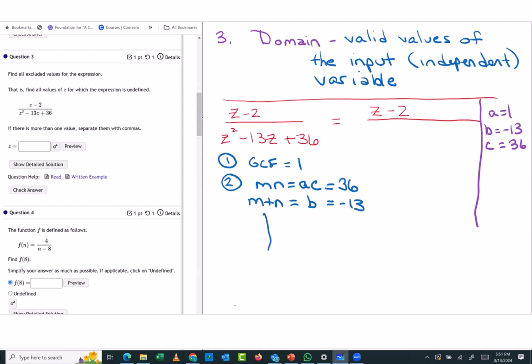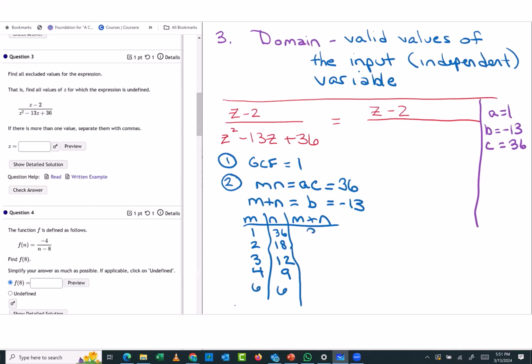And again, I can make a table or not, depending on how you feel about this. Here's m, n, m plus n, and I have 1 and 36, 2 times 18, 3 times 12, 4 times 9. It's not divisible by 5, but it is also 6 times 6.